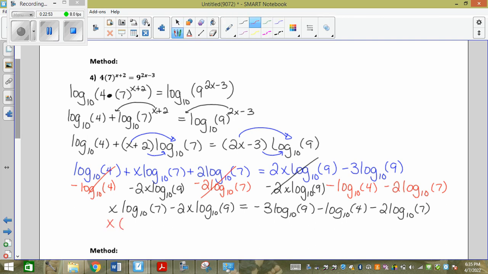Take an x out, and I'm left with log base 10 of 7 minus 2 log base 10 of 9.